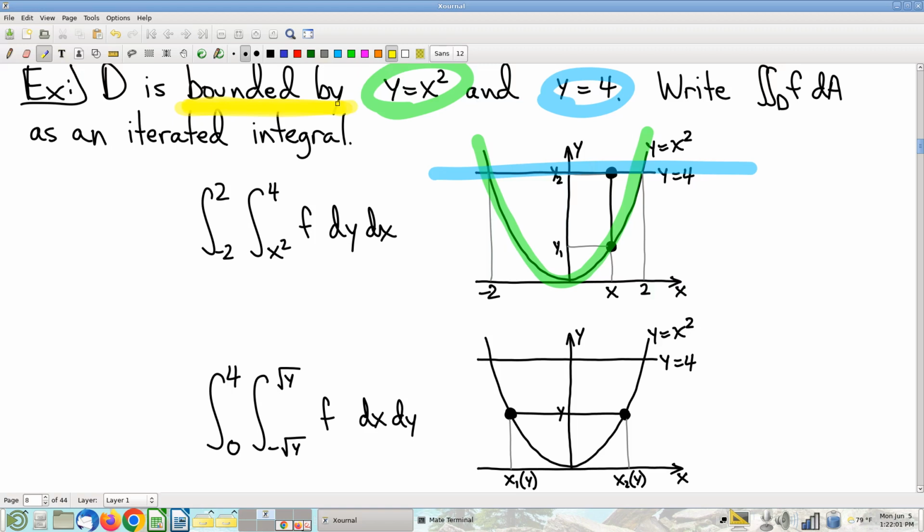This is a loaded term. This means two things. For the one thing, it says that D is in fact bounded. D does not stretch out to infinity in any direction. D is a region that you can put in a box. And these curves, dividing up space into separate regions, only one of those regions is actually bounded.